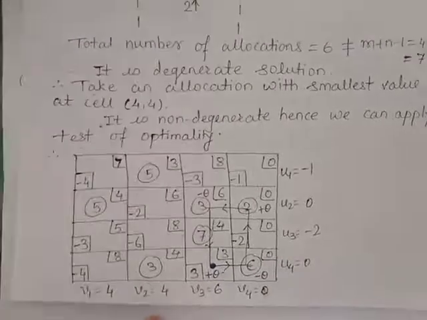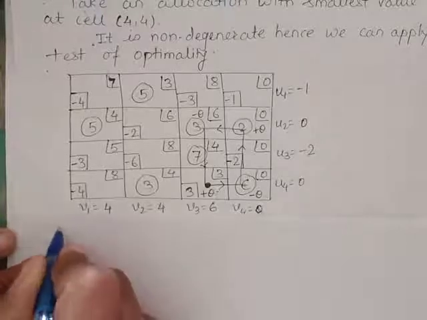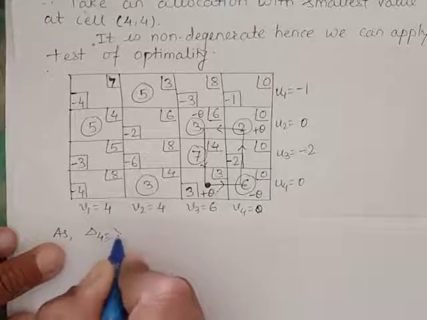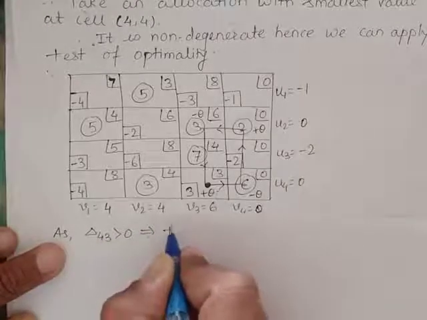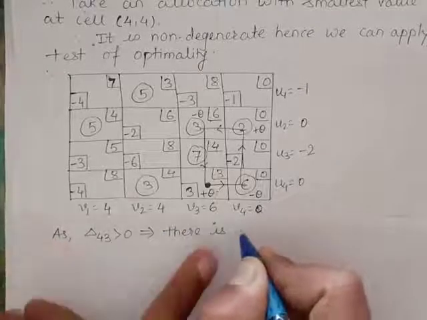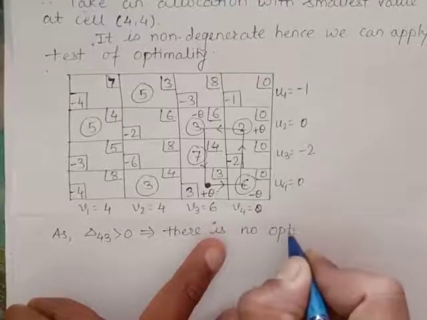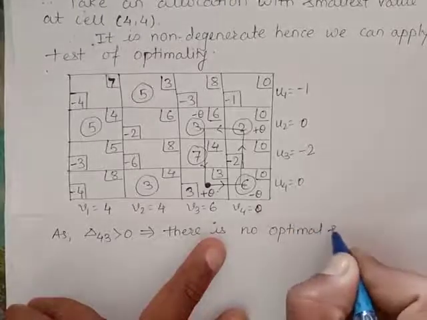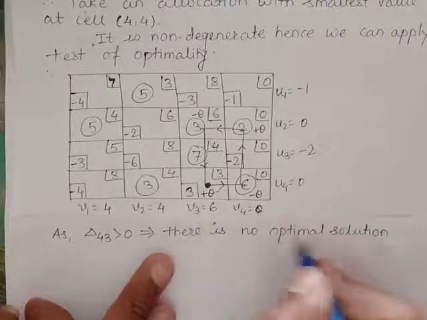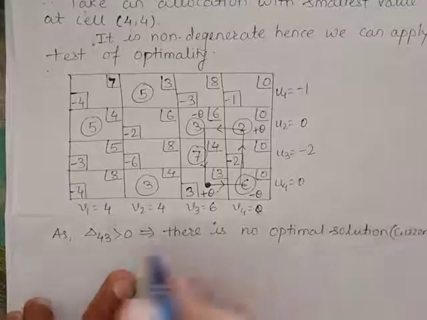Okay, so what can I say here? As delta 4 3 is greater than 0, it implies the current solution is not optimal. This is about the current solution.